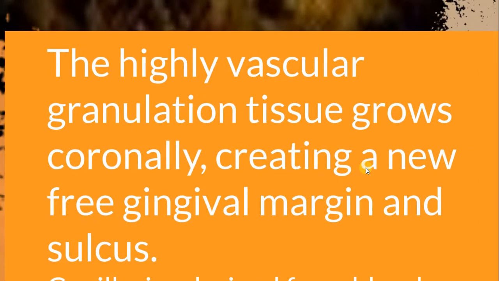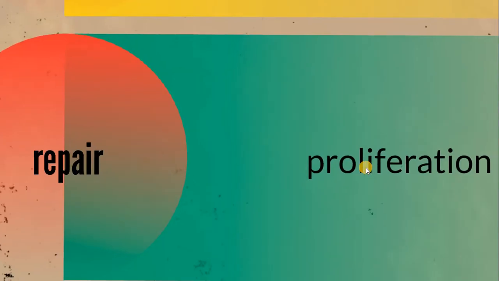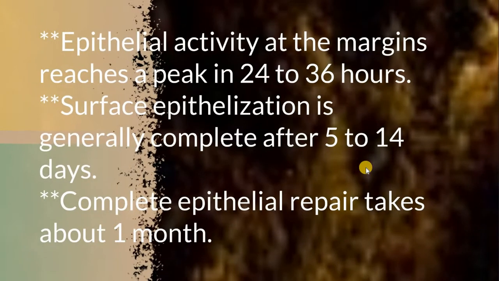the highly vascular granulation tissue grows coronally, creating a new free gingival margin and sulcus. Then the proliferation: the epithelial activity at the margin reaches a peak in 24 to 36 hours, and surface epithelialization is generally complete after 5 to 14 days. Also, complete epithelial repair takes about 1 month.